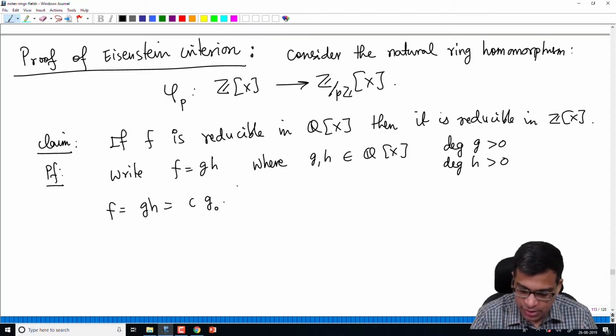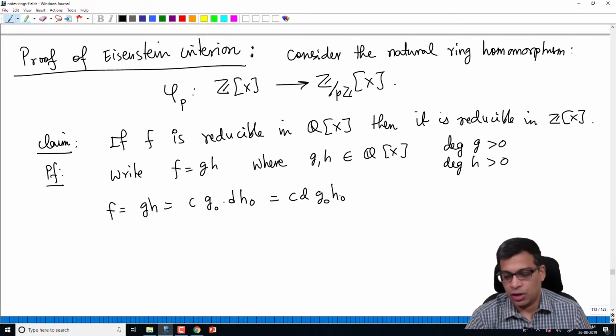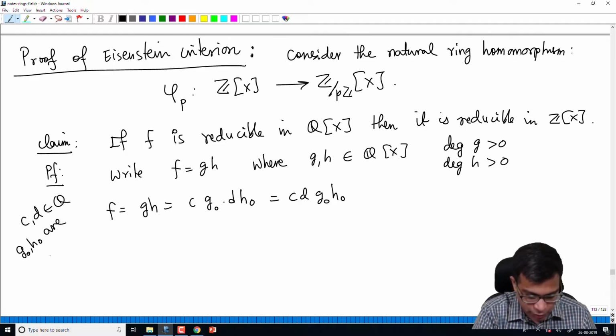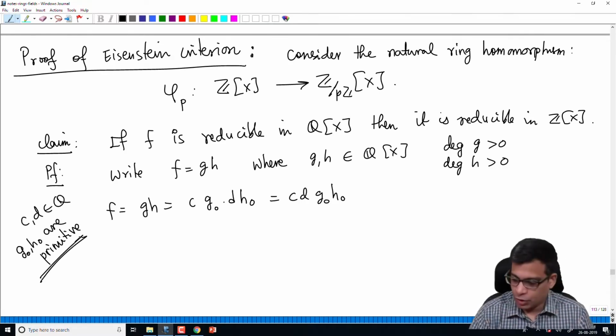Similarly, g can be written as c g0, h can be written as d h0. At this point you are comfortable with this, I hope. So c, d are in Q and g0 and h0 are primitive.